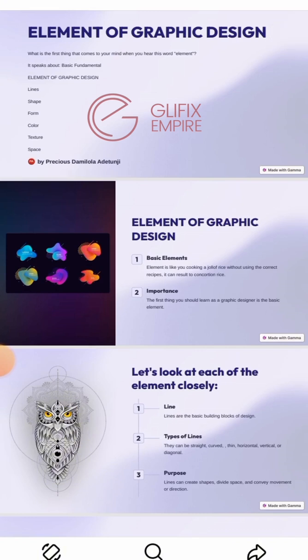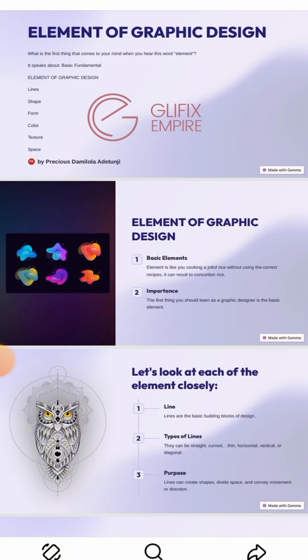Element is like when we're talking about parts of the body, what makes the body. That's parts of the body, right? So element is the part of the design, every single tiny thing that was put together to make a graphic, to make a design. Do you understand?